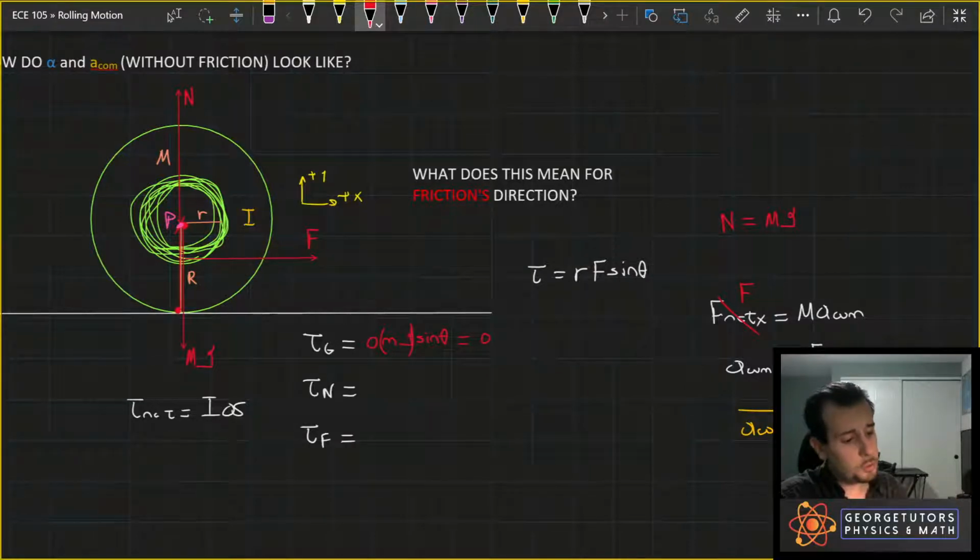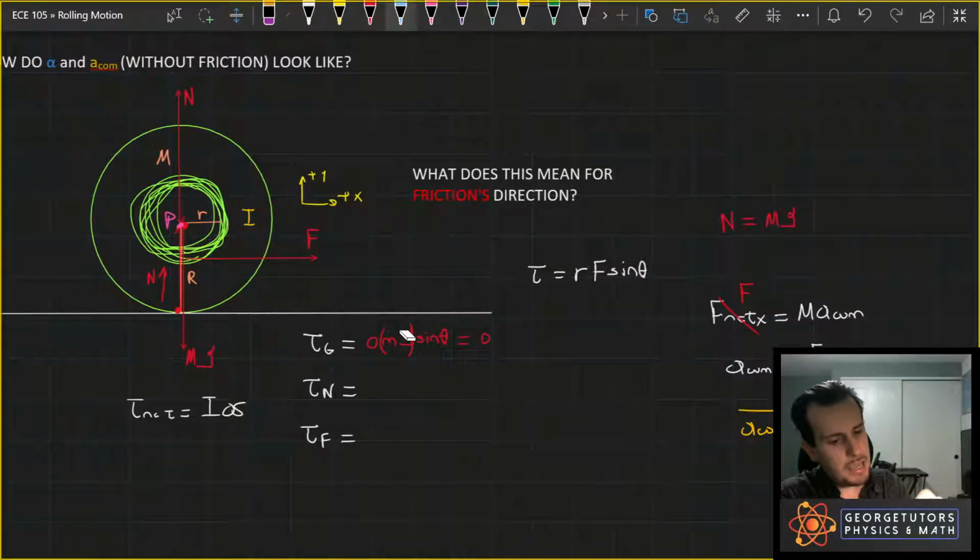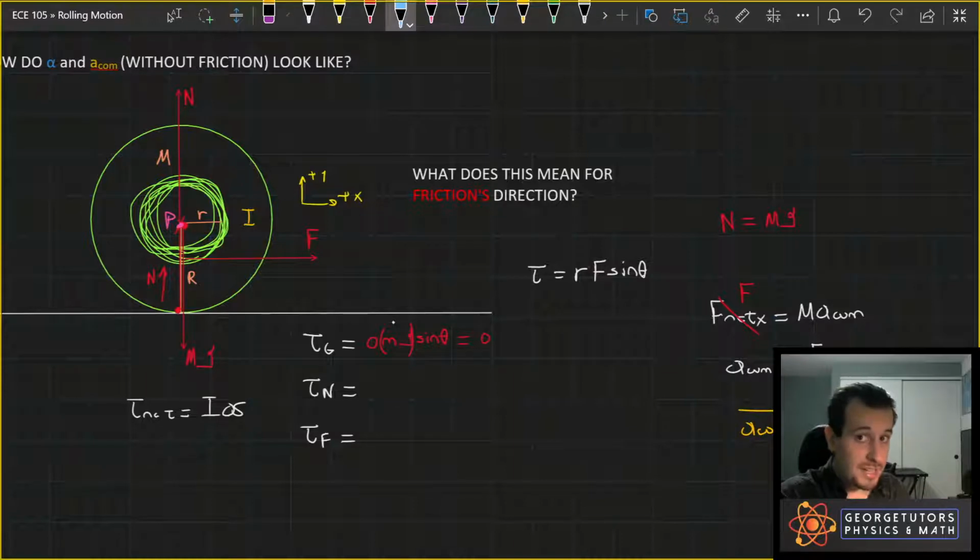And when we take a look at the normal, the problem with the normal is that, as you can see, the tail is over there, and the direction is upwards for our normal right now. If you pay close attention, that's what we have right here. And the r vector that would connect the pivot point to the tail of that normal vector, this r vector that I'm drawing in blue here, you can see that it's directed opposite to the normal force.